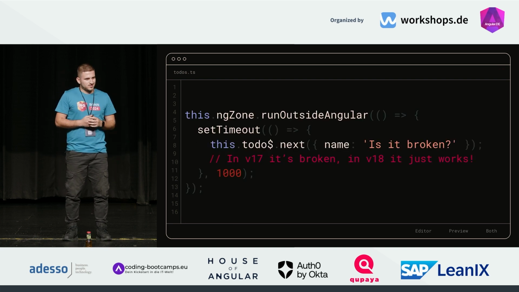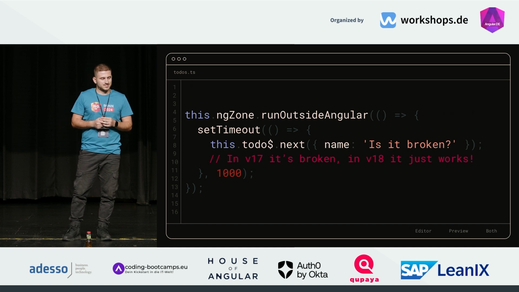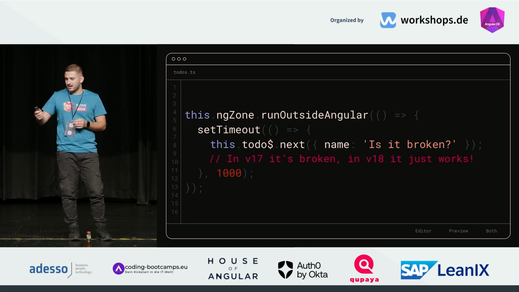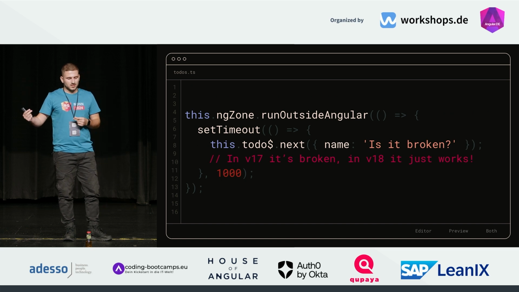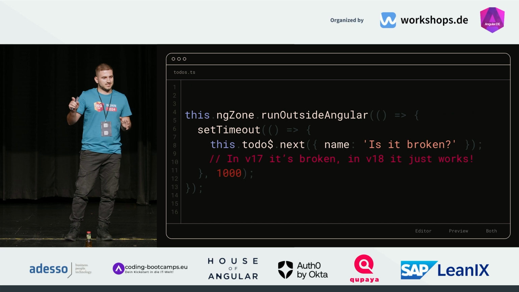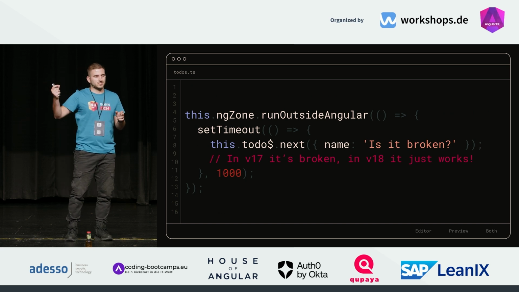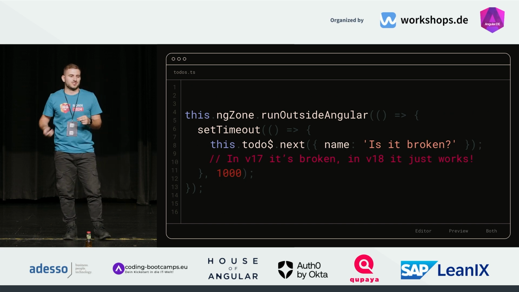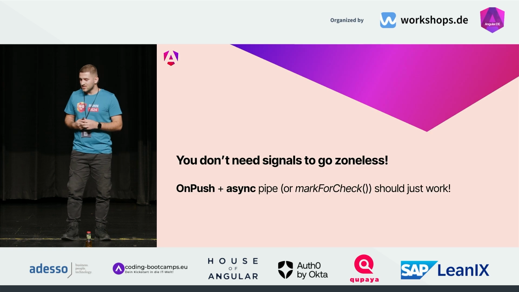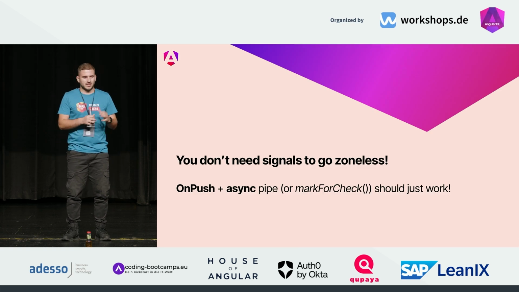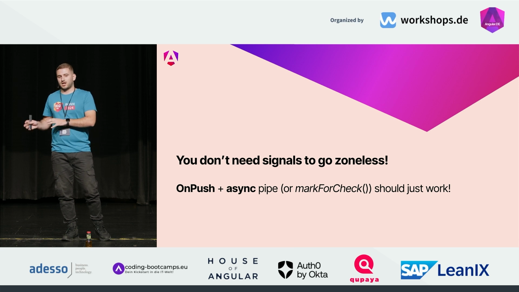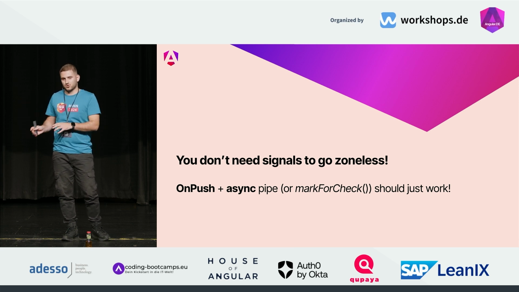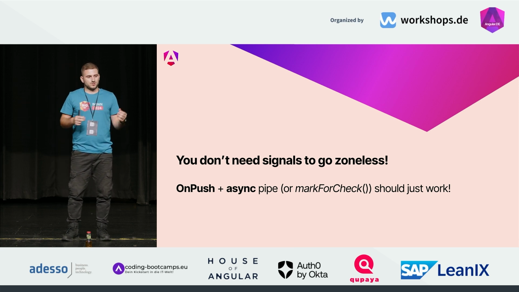I showed this piece of code before, and I said in V17 it's broken. But now, if we have that to do on the template with an async pipe that calls mark for check, even though it's running outside zone, that will still work, because now we have mark for check, which triggers change detection, and not just dirty marks things. This means that if your application is on push, and you're using mark for check or async pipe or push pipe or NgRx push pipe, they all use mark for check under the hood.